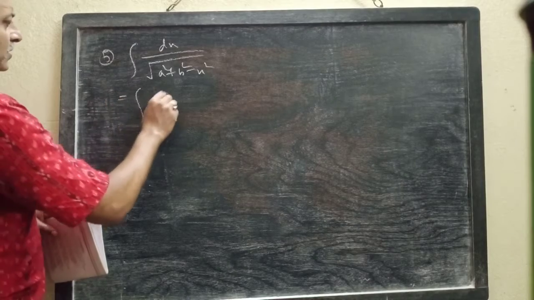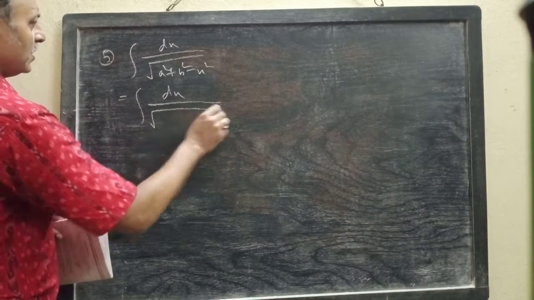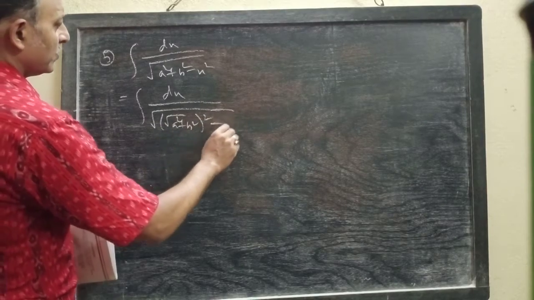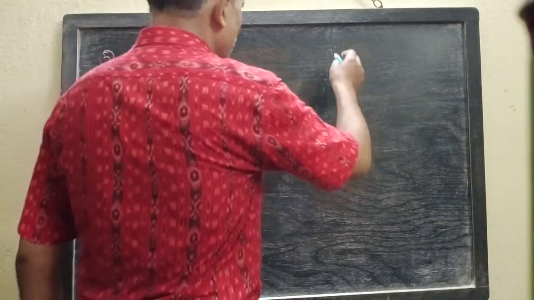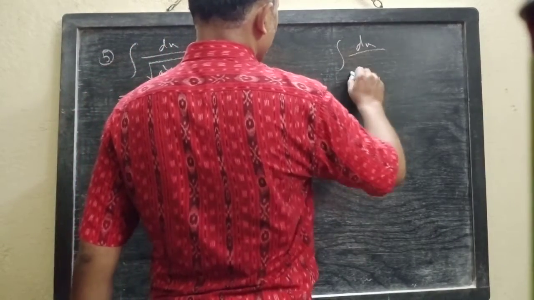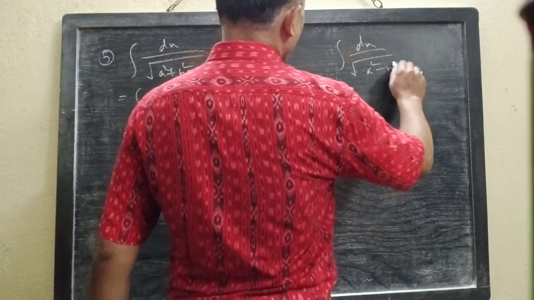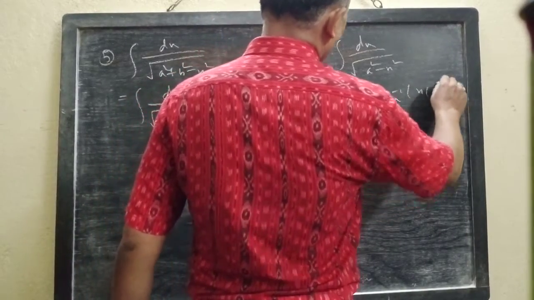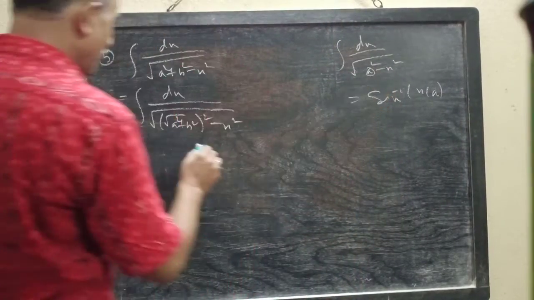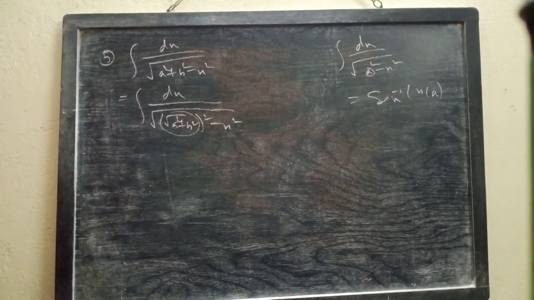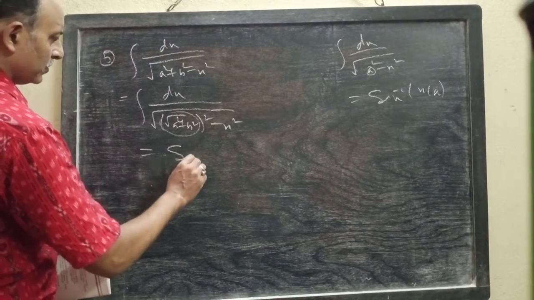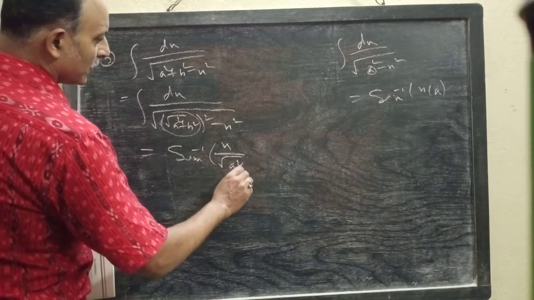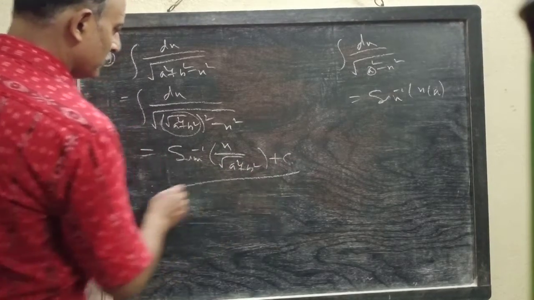You can write it as dx by under root of a square plus b square whole square minus x square. Now, because of the formula integration dx by under root a square minus x square, this was sin inverse of x by a. Now here in place of a, it is root over of a square plus b square. So your answer will be sin inverse of x by root over of a square plus b square. This will be your answer.